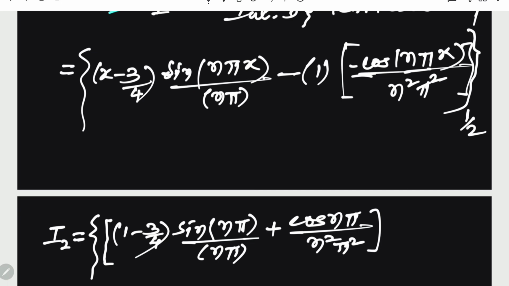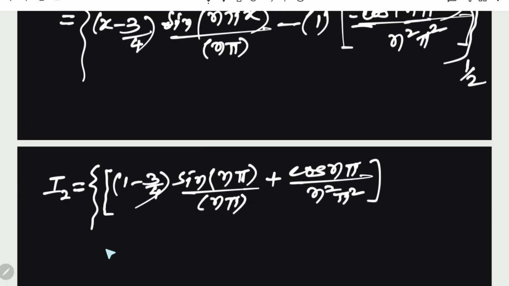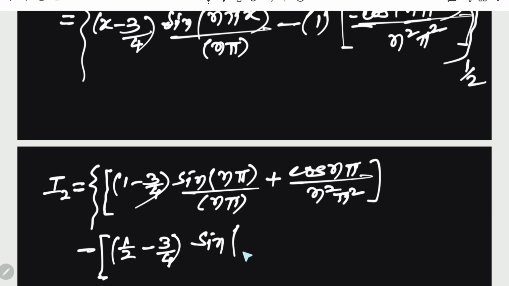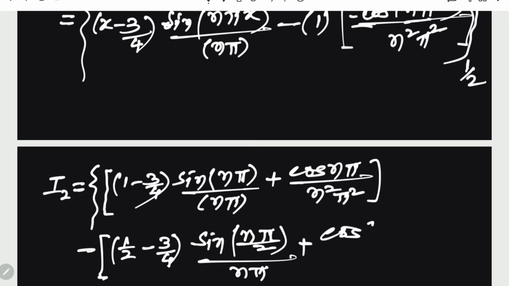These two terms are for the upper limit minus lower limit. x is 1 by 2, therefore 1 by 2 minus 3 by 4 sine of n pi by 2 whole divided by n pi, minus minus plus, cos of n pi by 2 divided by n square pi square.